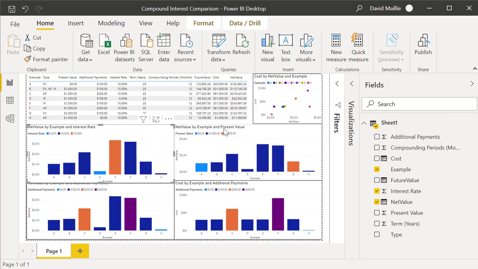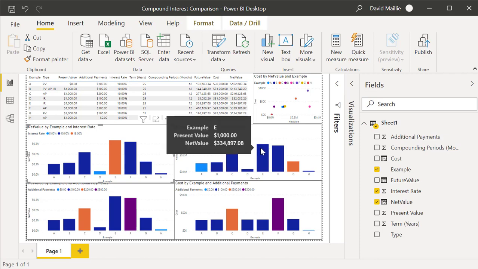Now what if we want to look at by example and present value? Here you have your present value. These are the people that invested $0 at that point in time, the dark blues invested $1,000, and the orange invested $2,000. It doesn't necessarily mean that because you invested the most at the get-go you're going to end up with the most in the end.